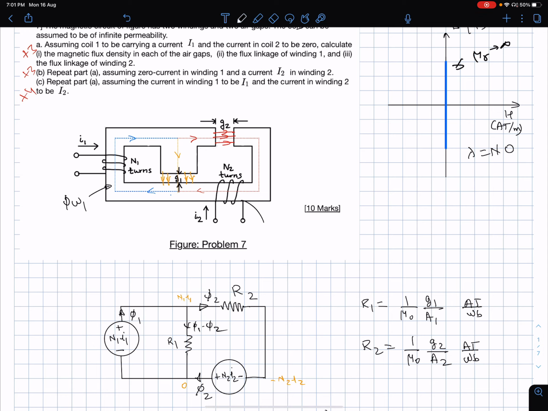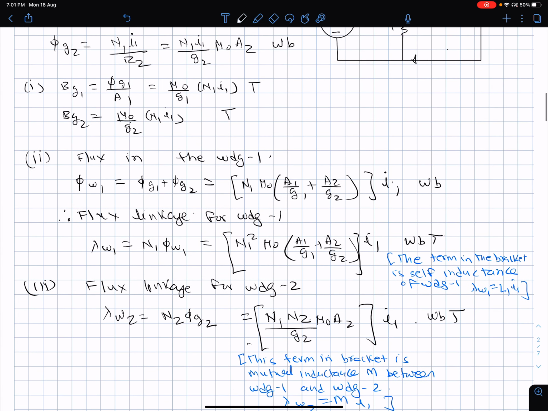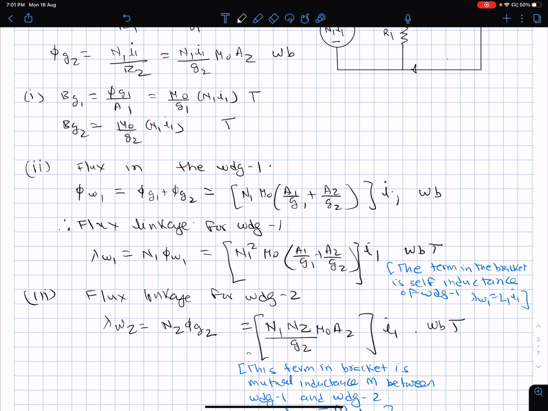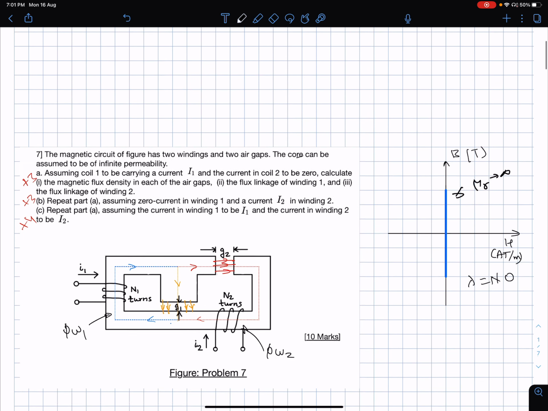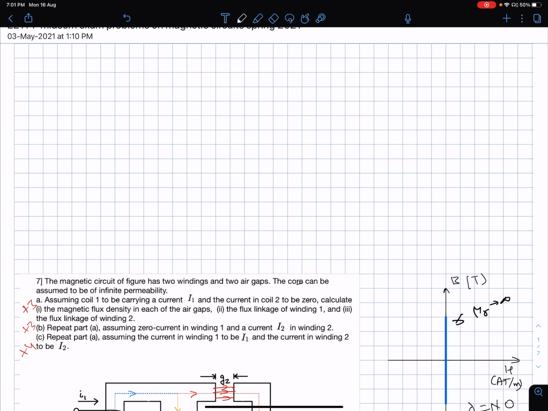The flux which is going here is phi W2. So the flux linkage becomes N1 times phi W1, and this N1 is again multiplied by another N1. So you get N1 squared mu 0 times A1 by G1 plus A2 by G2, times I1. Now suppose you were asked to define the self inductance of winding 1. How would you have defined the self inductance?